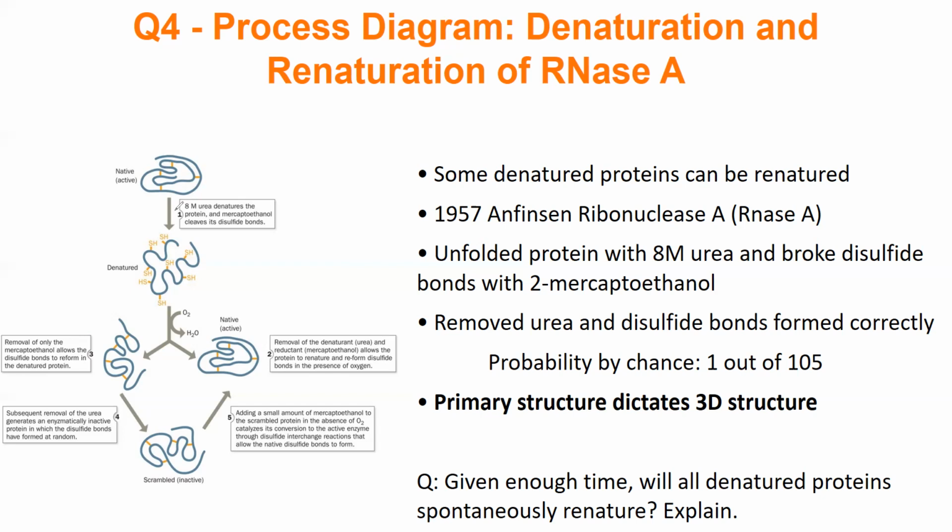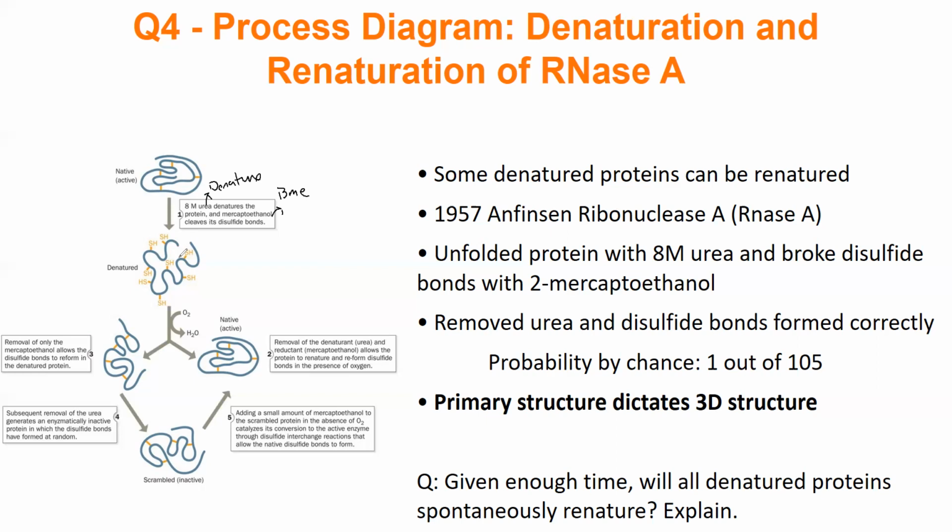The urea unfolded the protein. The beta-mercaptoethanol broke the disulfide bonds. So BME broke disulfide bonds, urea denatured. So he took this active protein, RNase A, unfolded it, and broke all of the disulfide bonds.